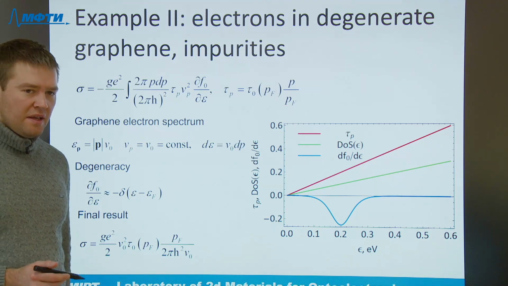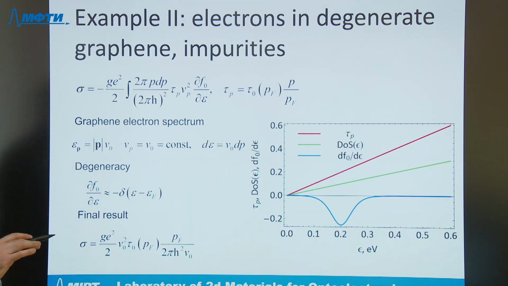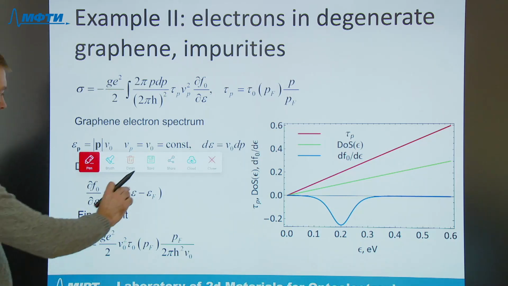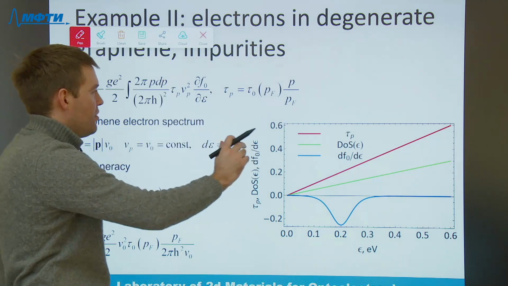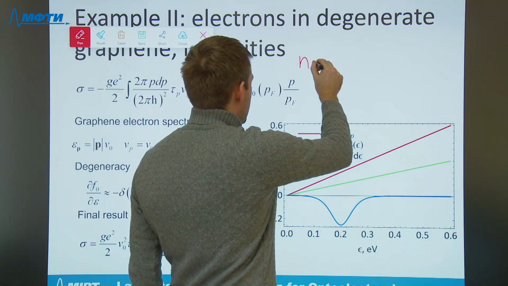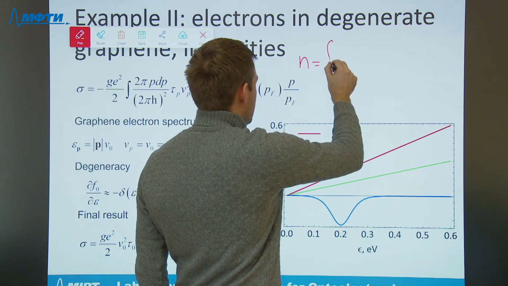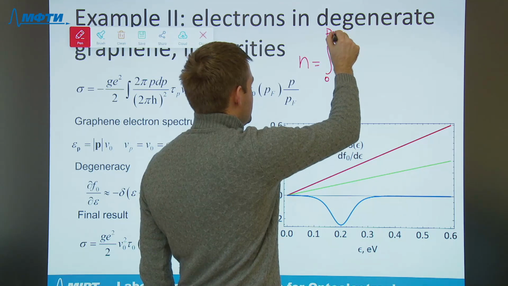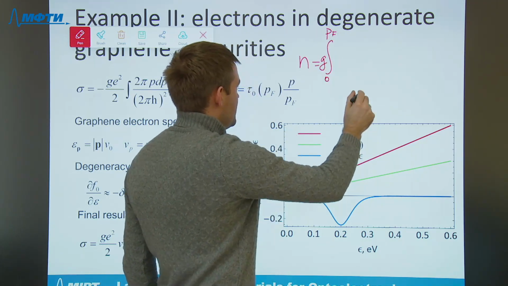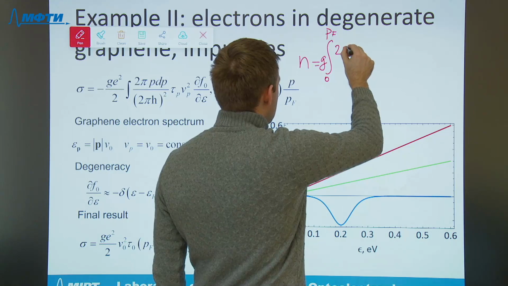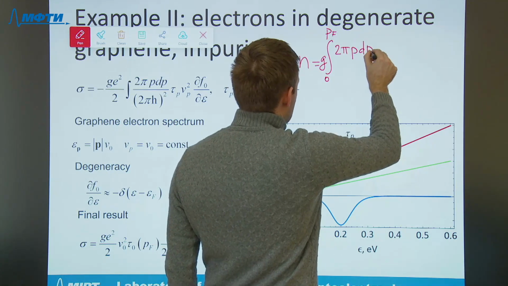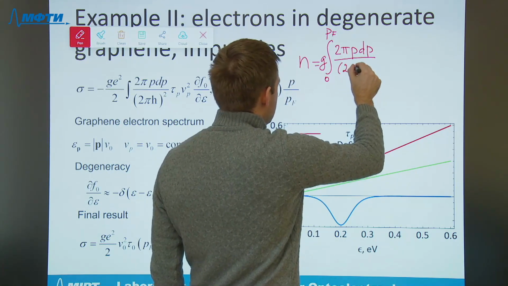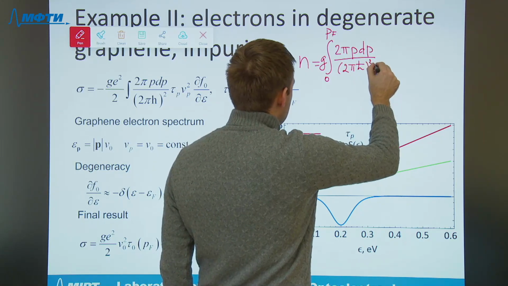Now we want to express it via the carrier density. We want to restore something like the Drude formula for graphene. The expression for the carrier density is very trivial. If the Fermi function is a step, we just integrate from 0 to Fermi momentum, with the degeneracy factor and the element of the momentum space divided by (2πħ) to the power of the dimension.